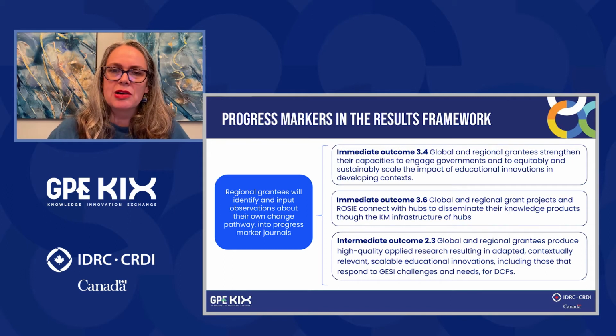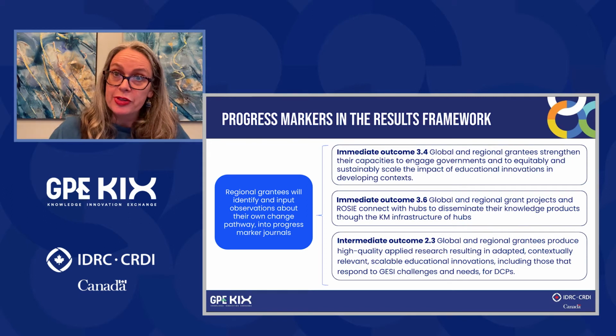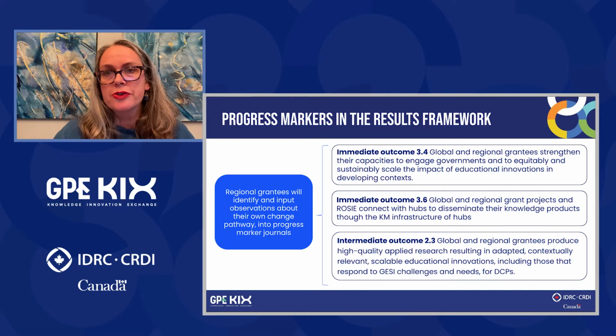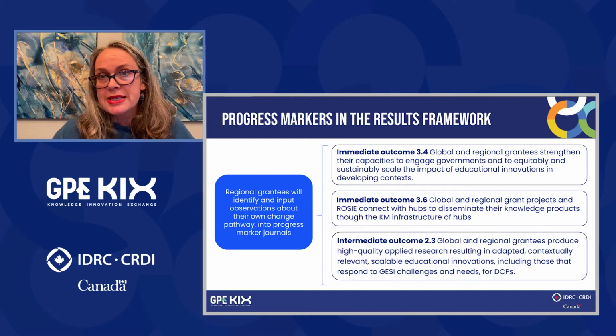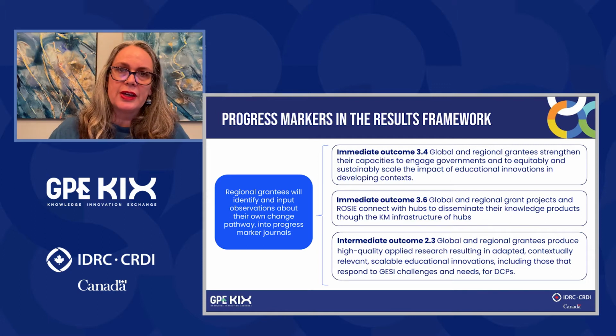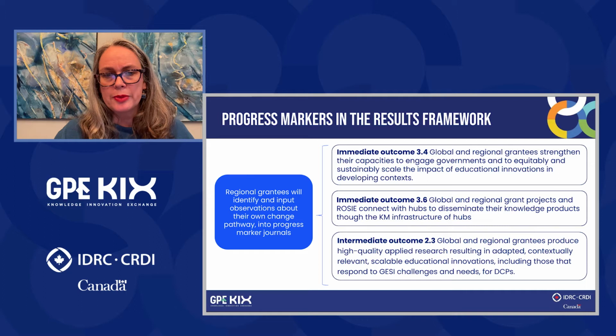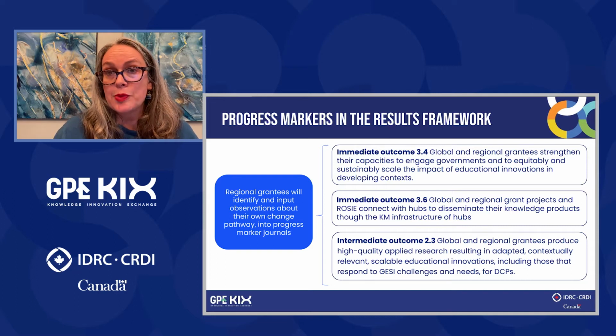The progress markers link up with the results framework. The results framework encompasses and explains all of the overall key outcomes that KIX as a program is looking for. And the progress markers will link into and reflect a few of those outcomes as they relate to you as regional grantees.